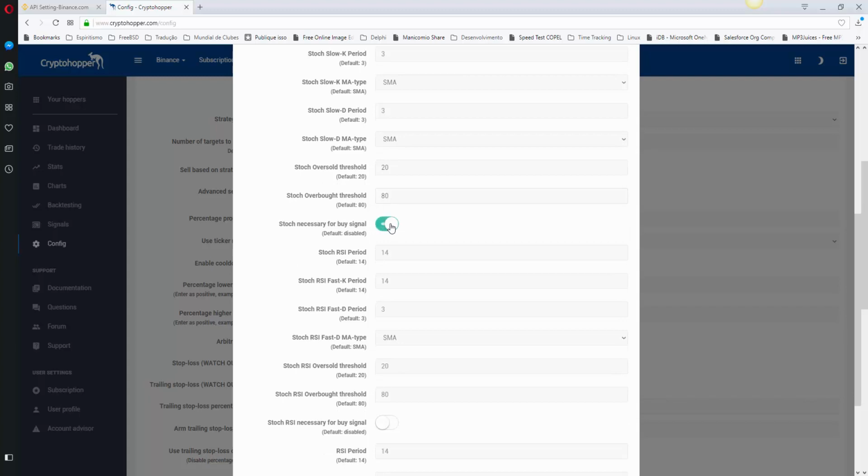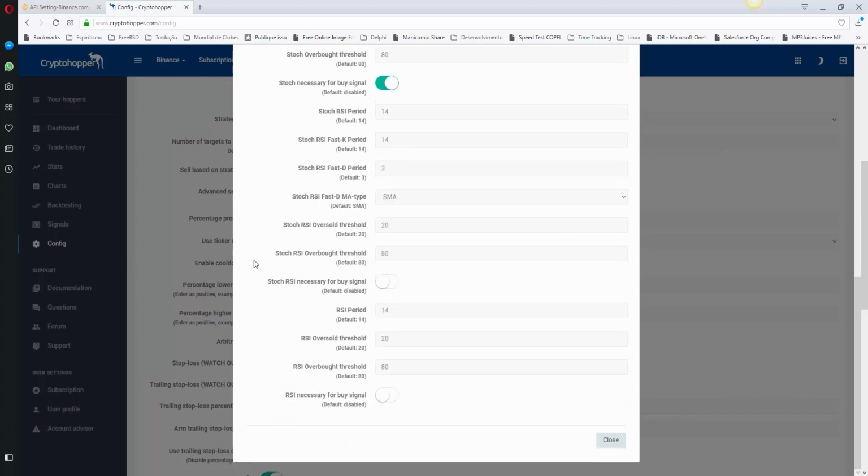Here I can enable this flag, so I'm saying that stoch is necessary for the buy signal, meaning CryptoHopper will only buy coins if they fit this criteria. That's very important. The same thing for stochastic RSI. So I will also leave here 20 and 80, and I will enable it.